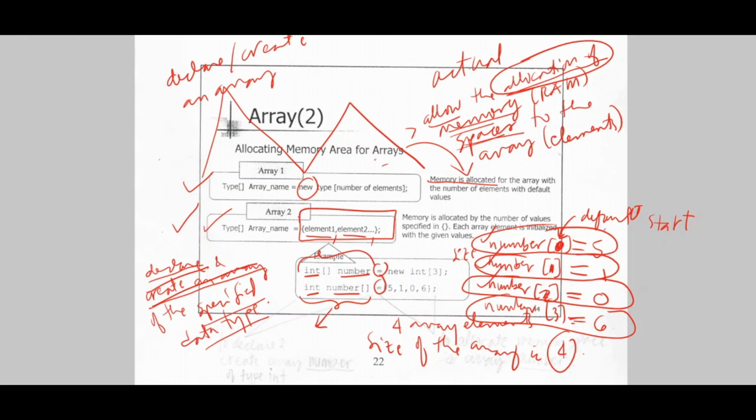On the right side of the assignment operator, you could either use the new operator to allocate memory spaces, which is equivalent to 3 integer sizes without initial values, or, in the second syntax, what is allocated is 4 integer types because there are 4 initial values. The computer will allocate 4 integer type sizes, and the initial values of these 4 elements would be 5, 1, 0, and 6 respectively.